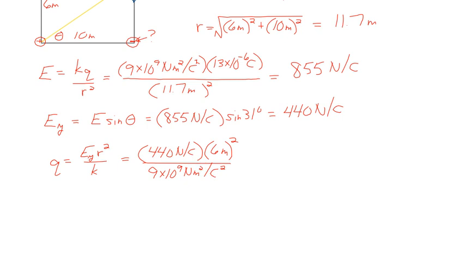So my answer will be in coulombs if you solve this. And hopefully you get that answer. Now I know it's going to be a negative because of the direction it has to be in. So the answer should be negative 1.76 times 10 to the negative 6 coulombs.